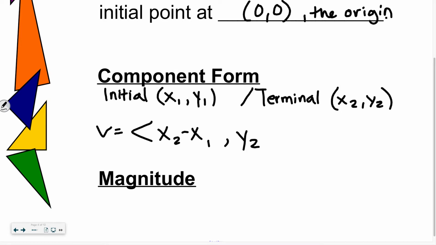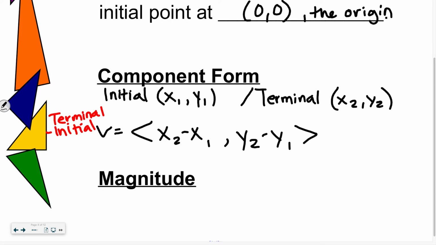We'll also need our vertical component, y sub 2 minus y sub 1, and close it with an angled vector bracket. Some of you may wish to write this down, terminal minus initial, somewhere in that notes page. So you remember, it is important that you do terminal point minus initial point.